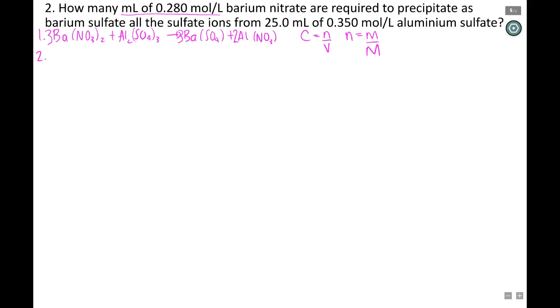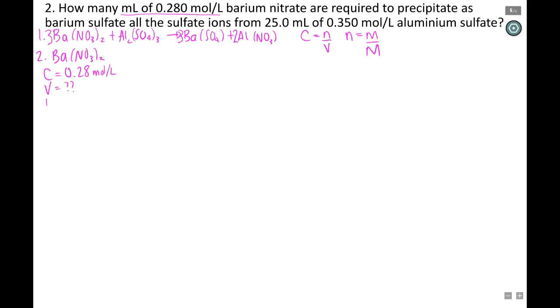So if we look at our 2 compounds that we are reacting, if we start with our barium nitrate, we can see that we know our concentration, which is 0.28 moles per litre. Do we know our volume? No. This is what we want to find out. This is our end goal.